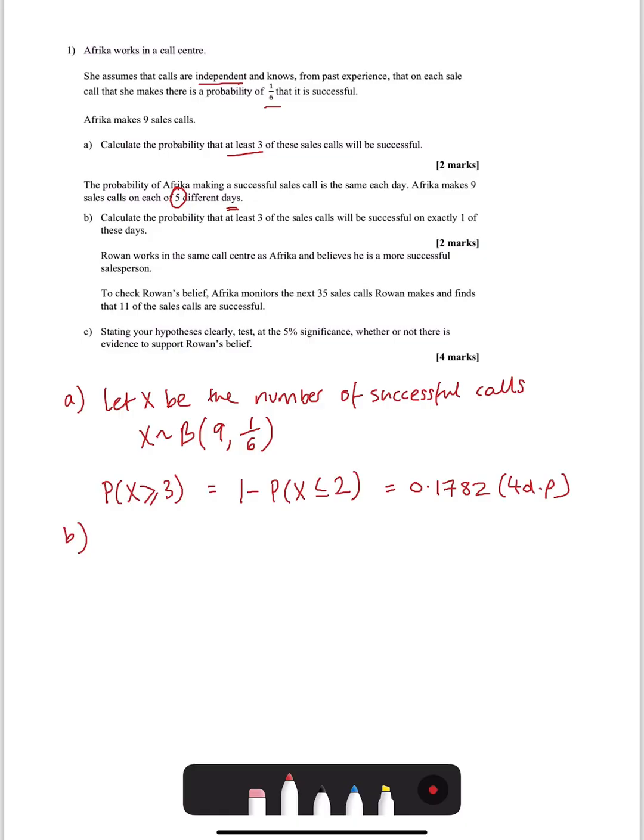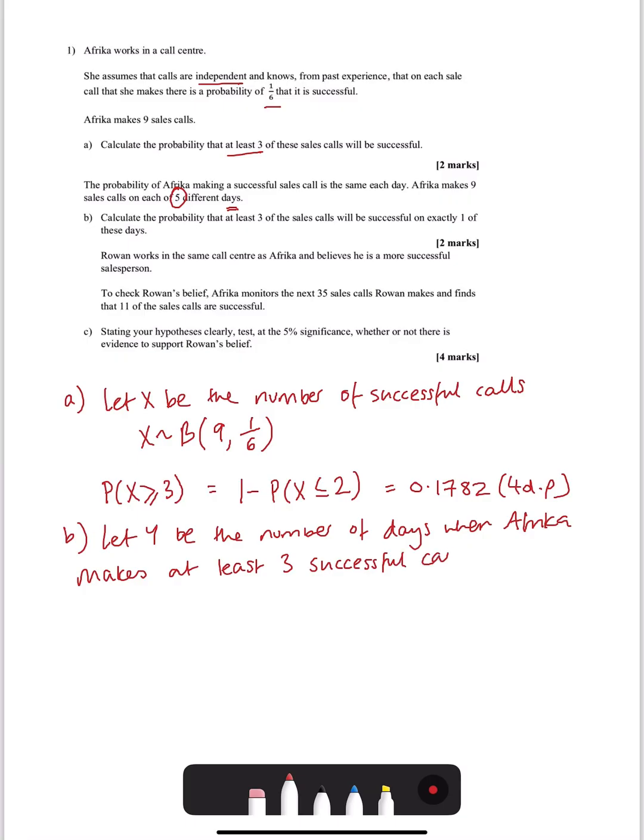Okay, so we need a different variable now. We're going to say let Y be the number of days when Africa makes at least 3 successful calls. And we can say then that Y is binomially distributed.